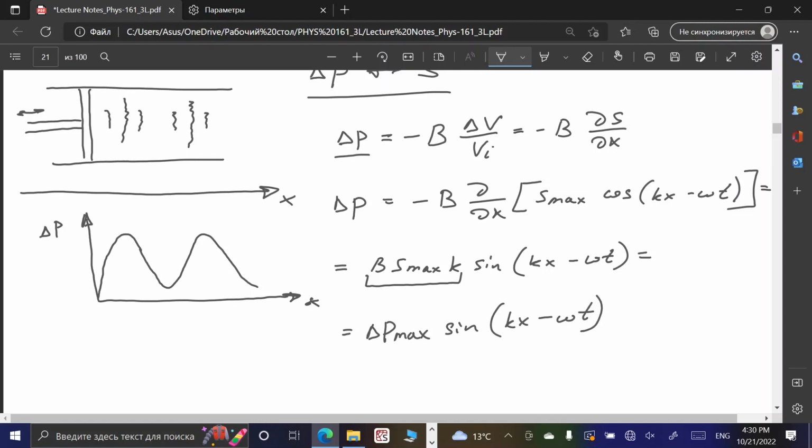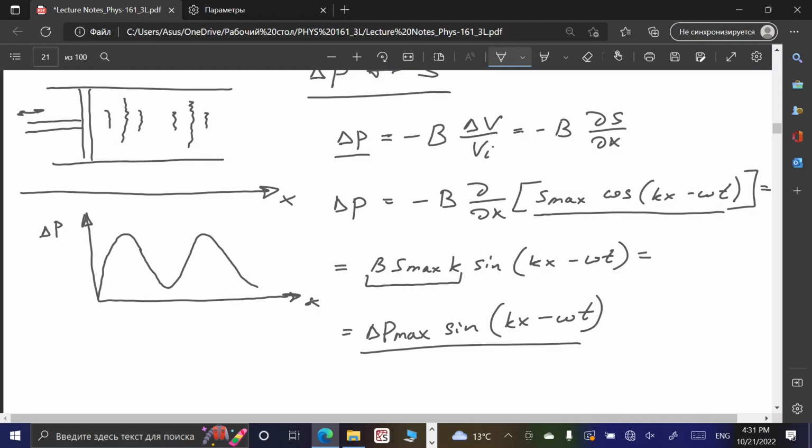So now look at the wave function for change in pressure and the wave function for displacement and tell me what is the difference between them. Exactly. What does it mean?